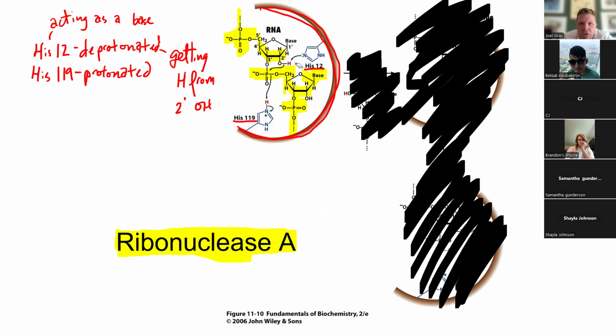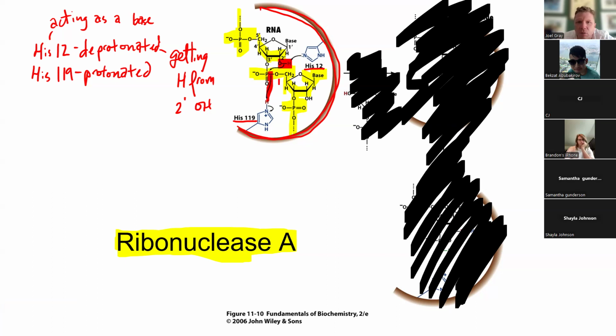So if you look at the lone pair of electrons on histidine 12 picking up that proton, the electrons between that oxygen and hydrogen, which I'm going to highlight in red, those electrons swing down to our phosphorus. These electrons here swing down to this hydrogen to pick that hydrogen up.